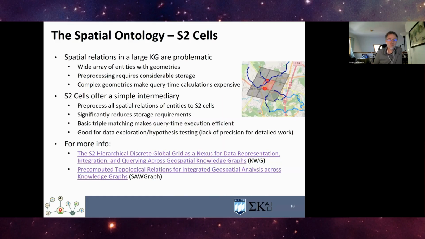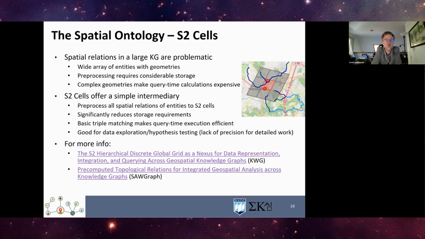So why include S2 cells? Well, in a graph as large as SAWGraph, we have a very wide array of features and entities that have geometries. We've already seen a few of the samples of these types of entities from the preceding ontologies.